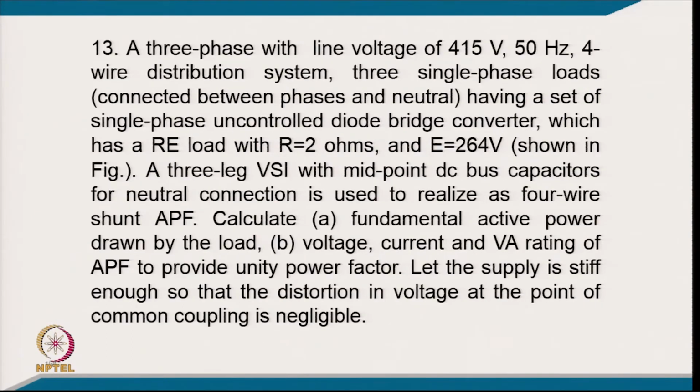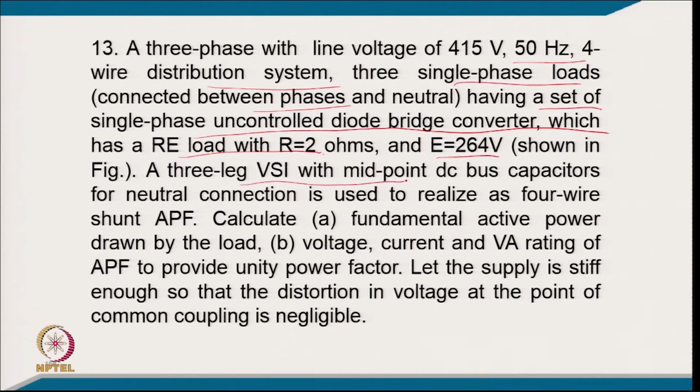Now coming to numerical problem 13. A 3-phase, line voltage of 415 volt, 50 Hz, 4-wire distribution system, with 3 single phase loads connected between the phases and neutral, having a set of single phase uncontrolled bridge rectifiers which have an RE load with resistance of 2 ohm, and the voltage of battery is 264 volt.